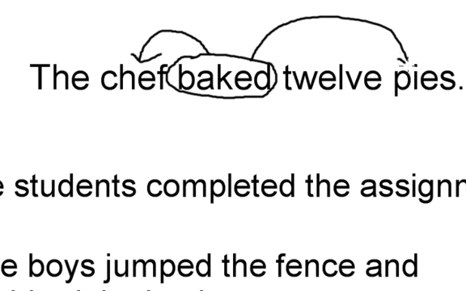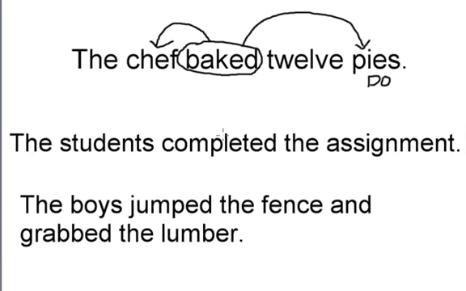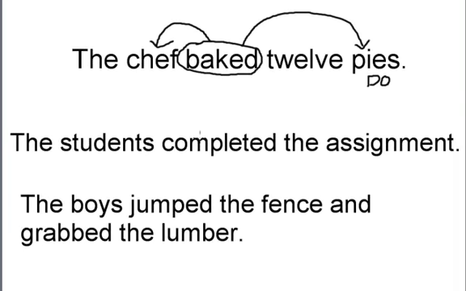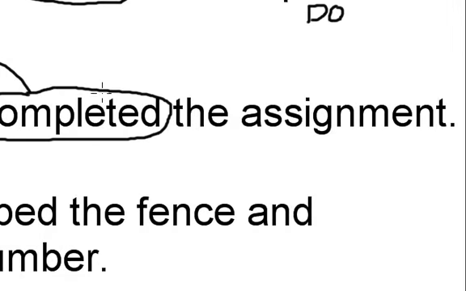The pies were baked, which makes pies the DO. Second sentence, the verb is completed. Who did the completing? The subject, students. And what was completed? The assignment was completed. Assignment is the DO.